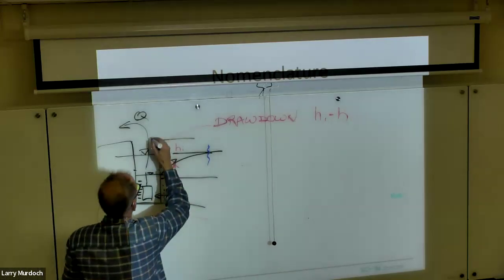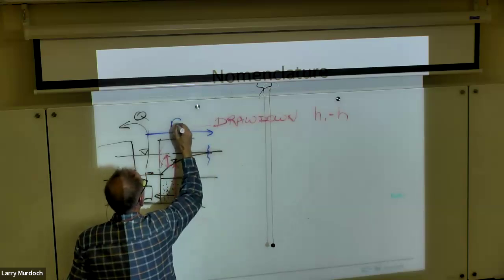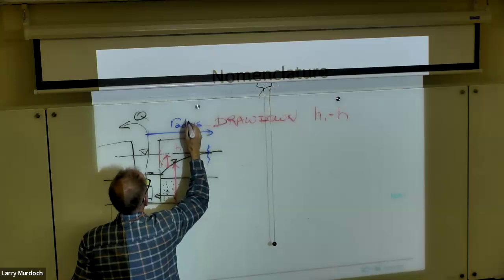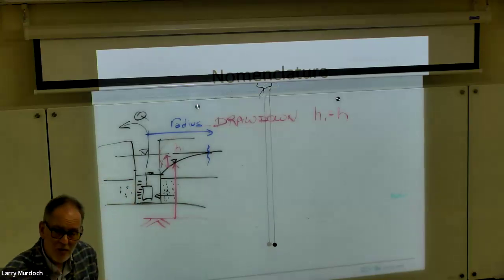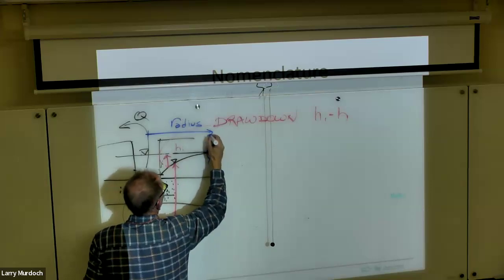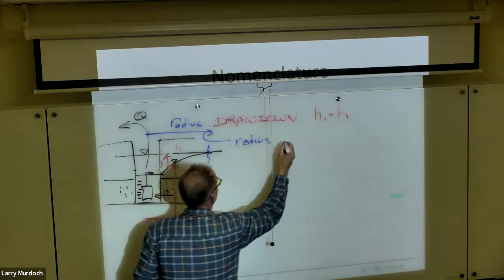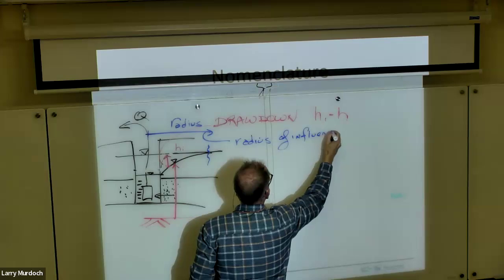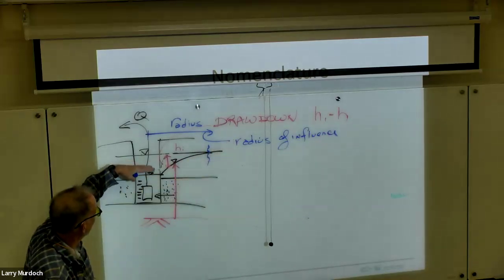Okay, so this is the radius, the radial distance where the well has influenced the head in the aquifer. So that's called the radius of influence. And that's going to increase as we pump more.